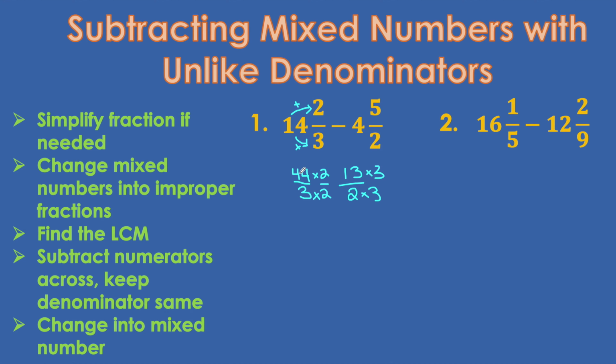Evaluate. 44 times 2 is 88 over 6, minus 13 times 3 is 39 over 6.